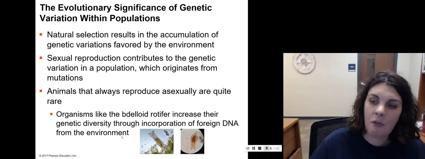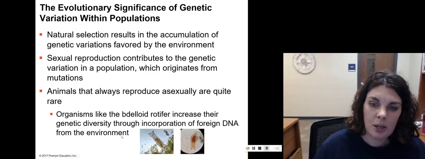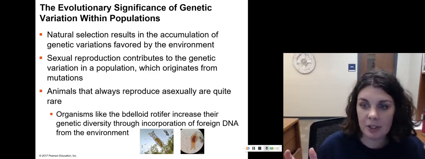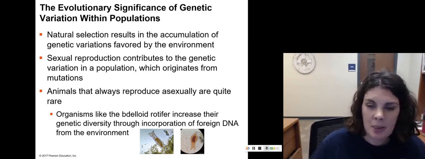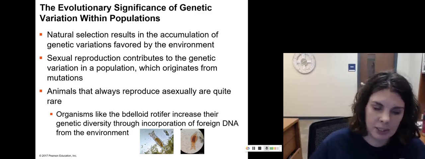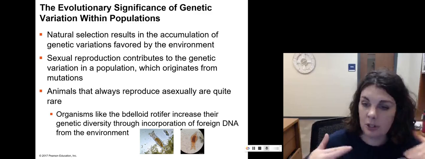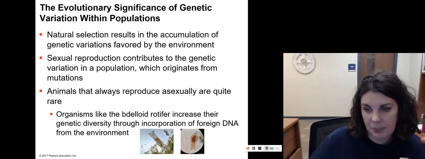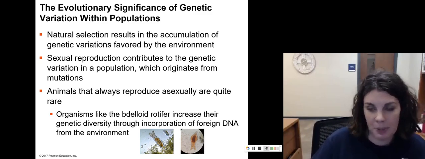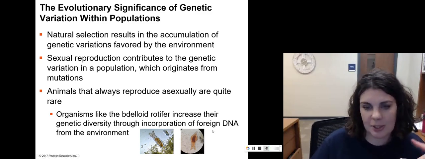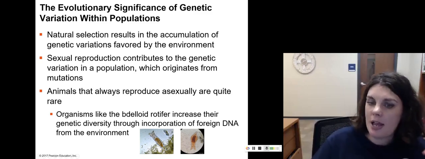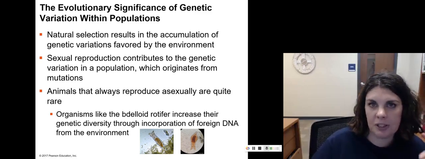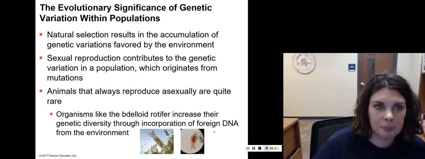So they pick up foreign DNA, and that foreign DNA allows them to be genetically diverse. And if that foreign DNA helps, natural selection will tend towards that. And if it's neutral, you'll just get more variations built up. And if it's harmful, then that foreign DNA won't be carried through. We'll have more genetically diverse organisms that are able to survive in more diverse circumstances.